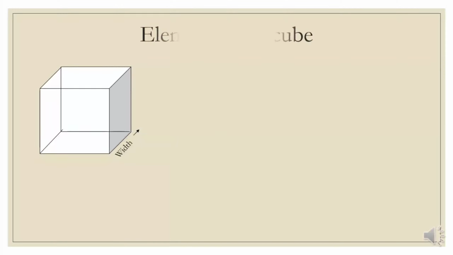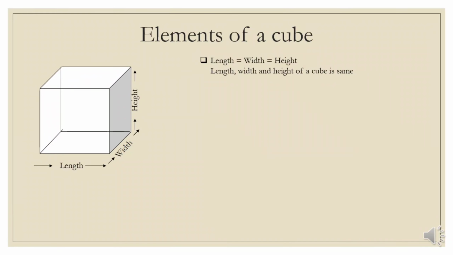These are the elements of a cube. A cube has a length, width, and height. In this cube, the length, width, and height are the same. And then a cube has 6 side surfaces: 1, 2, 3, 4, 5, and 6.